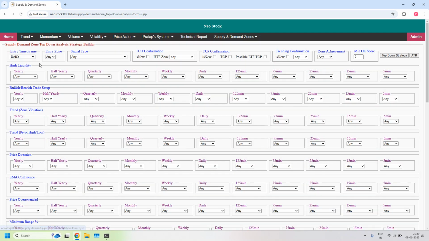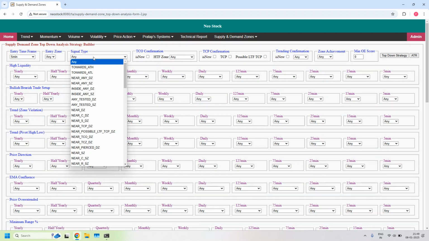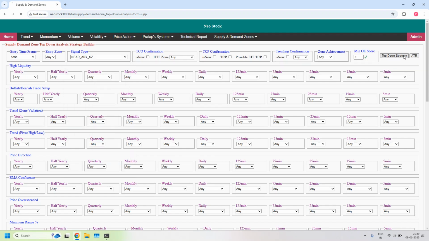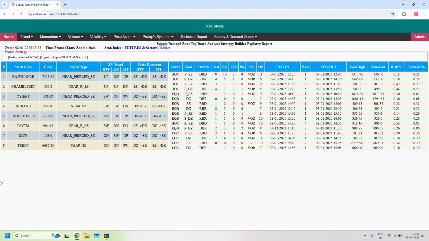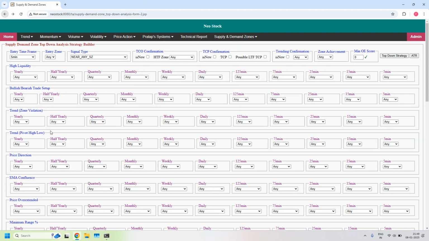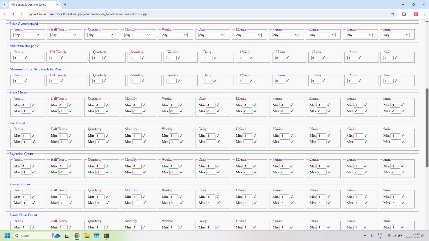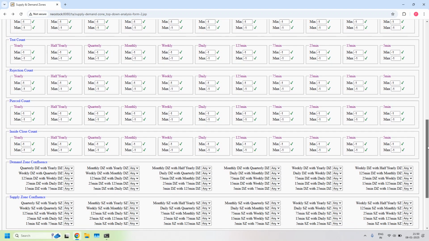Okay, next 5 minutes time frame, stocks near 5 minutes supply zone, we got 8 stocks. Out of these 8 supply zones, how many are having ITF supply zone confluence? Let's verify. That is 5 minute supply zone with 15 minute supply zone confluence. I am enabling the filter.